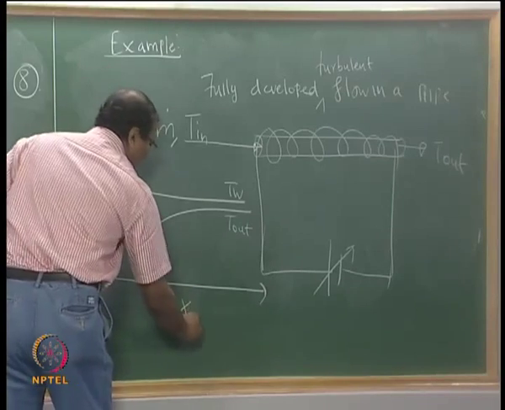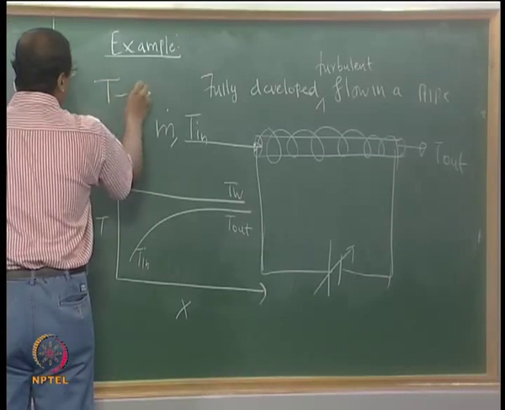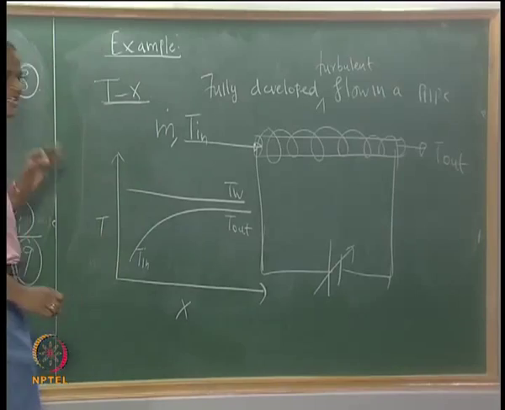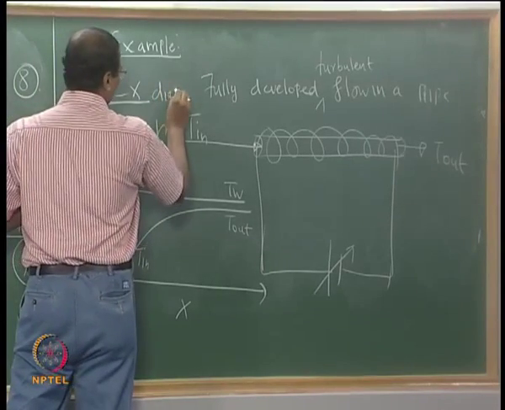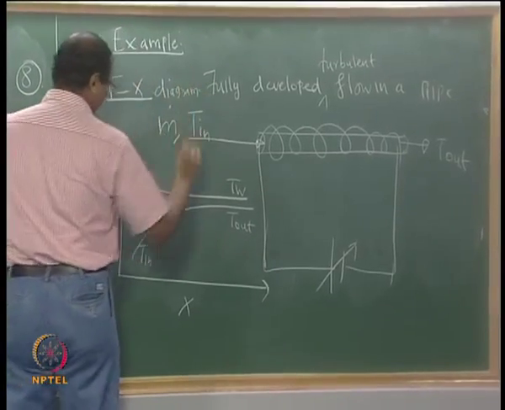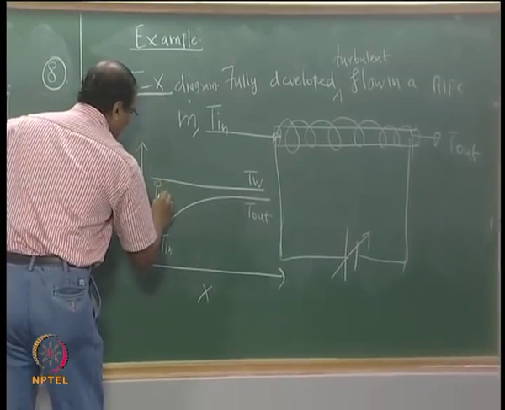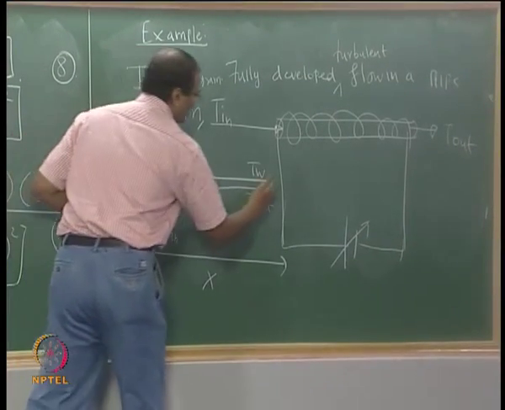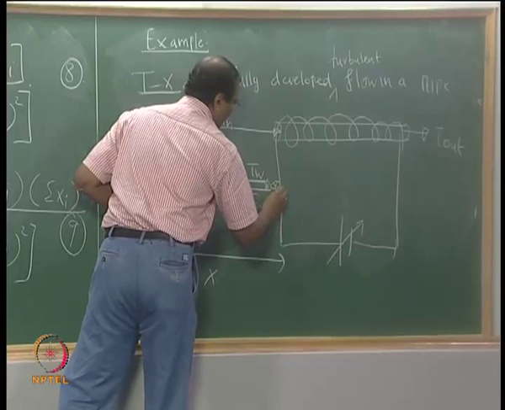This is called a TX diagram of the heat exchanger, temperature length diagram. So this is delta T in and this is delta T out.